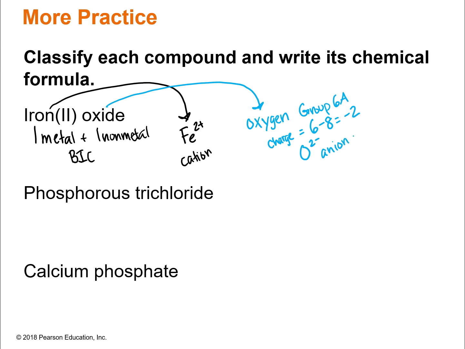So that's our anion. When we add them together, we get 0. We've got +2 and -2 when we look at our charges. So that's the chemical formula. And again, it's a binary ionic compound. Questions about that one, or are we good?